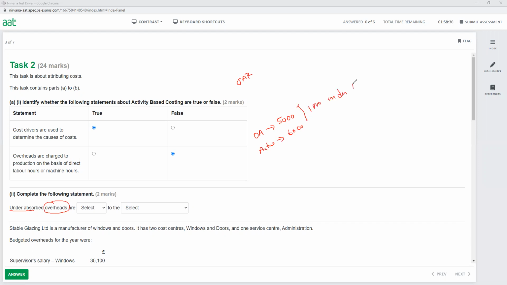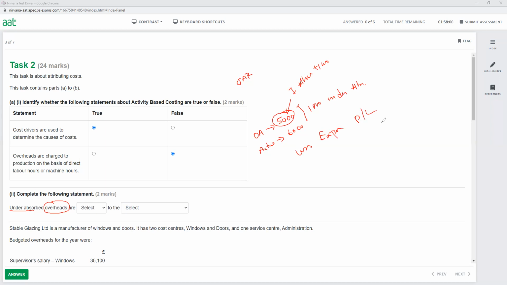Under absorbed 1,000 means I absorbed 1,000 less. So if I absorbed 1,000 less, what does that mean? I show less expense. Overhead is an expense. So I have shown less expense on my profit and loss account because I absorbed less.